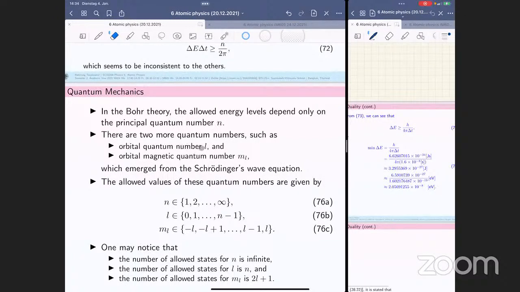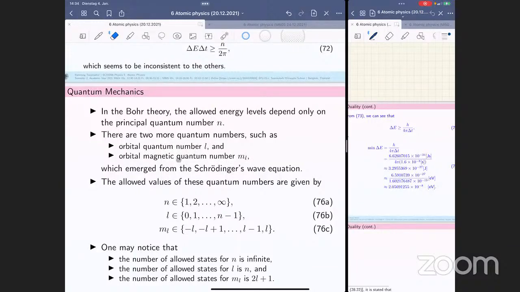L is the sub level of the energy apart from the main energy level n, and the orbital magnetic quantum number is the sub state from the orbital quantum number L.